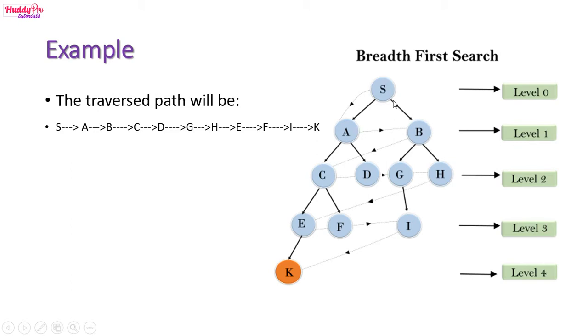It searches the breadth first. It will have to exhaust all the nodes on a certain level before going down to the next level.